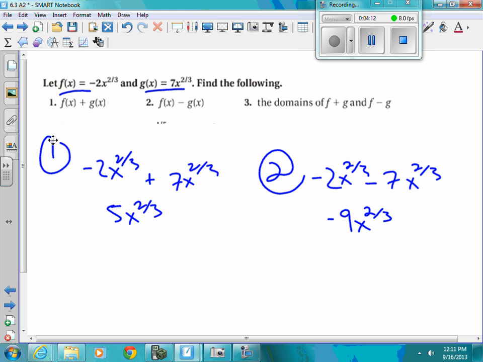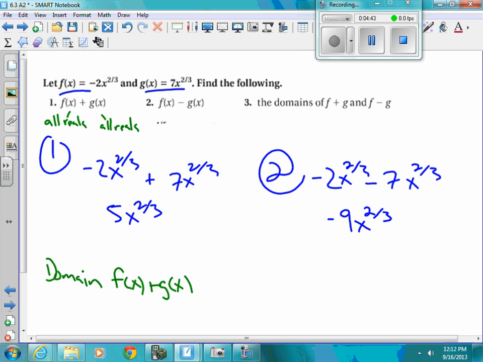Let's answer question number 3, the domain. Okay, so the domain of the first problem, f of x plus g of x. Well, the domain when we put for f of x is all real numbers. It doesn't matter what we plug in. Okay, it's all reals. And it's the same for g of x. We can plug in any real number we want.